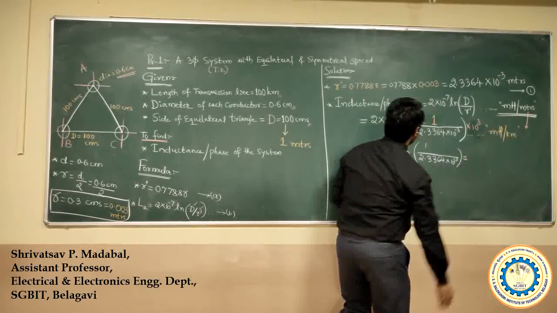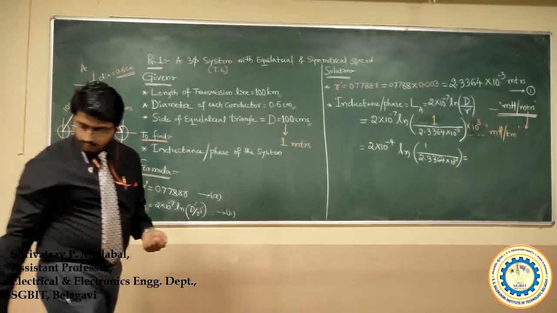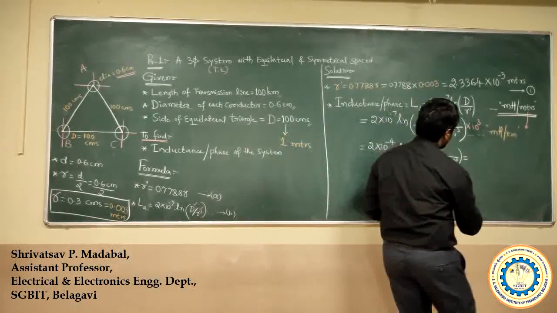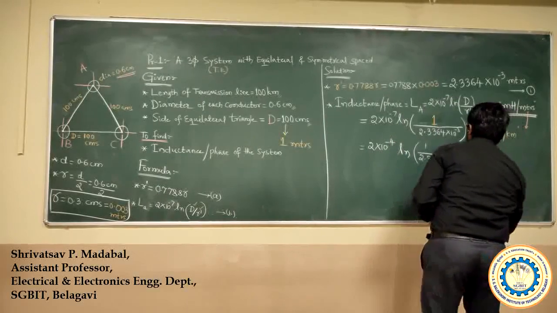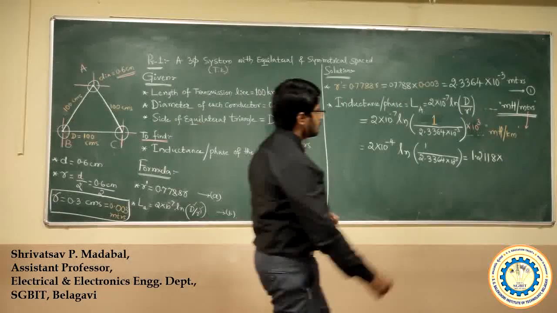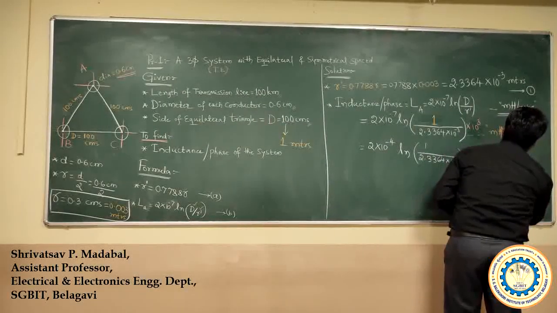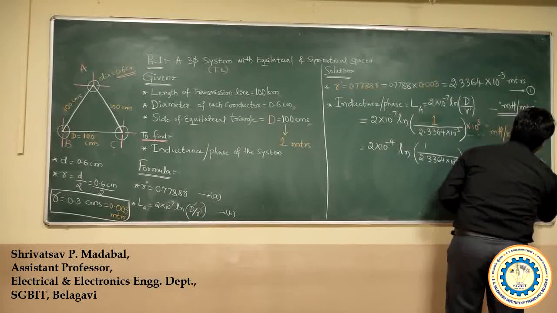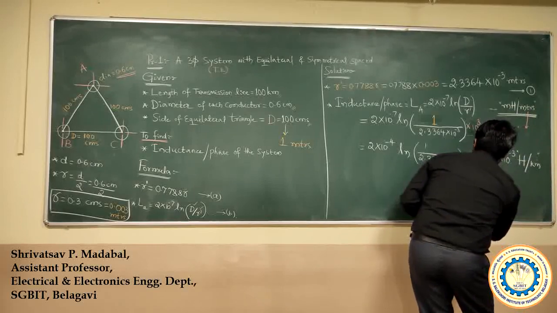So I will be attaining the value as 1.2118 into 10 to the power minus 3 Henry per kilometer. Or it can also be expressed as 1.2118.